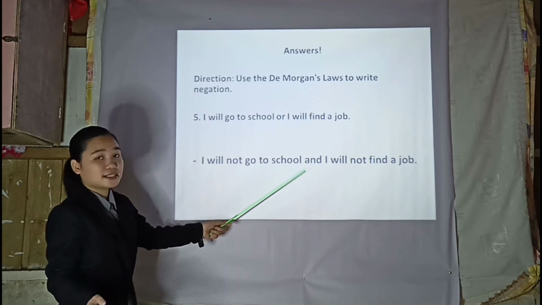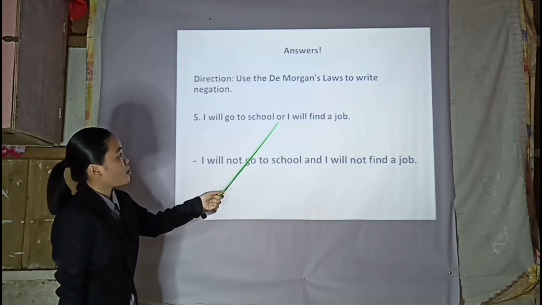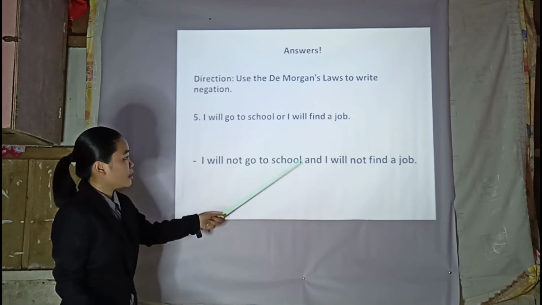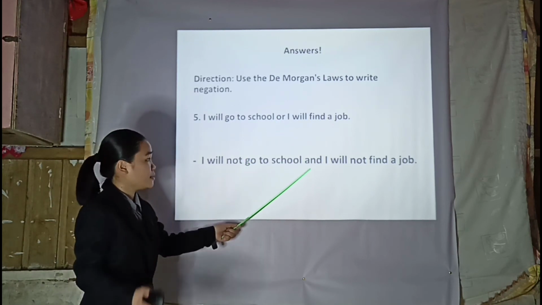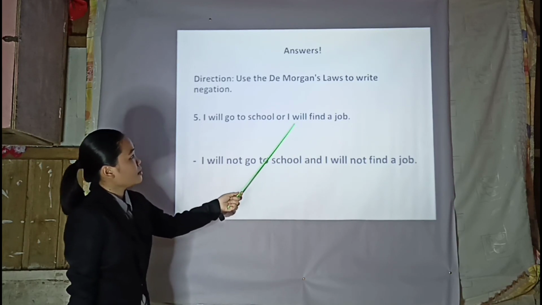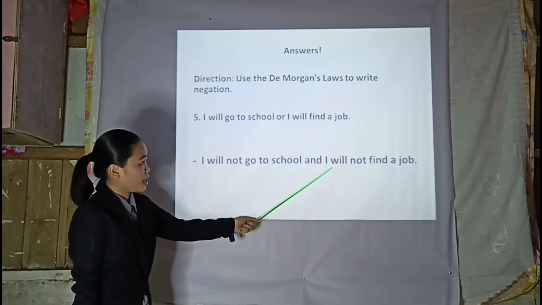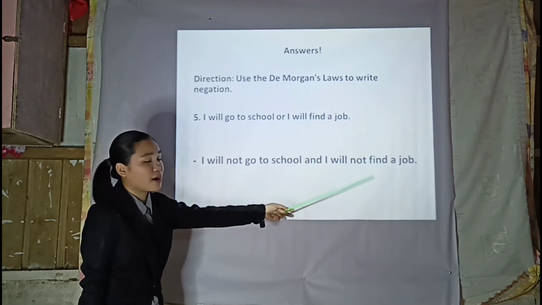And as I said earlier, if the statement uses an or connective, in the negation, it becomes and. From the statement I will find a job, which is positive, in negation it becomes I will not find a job.